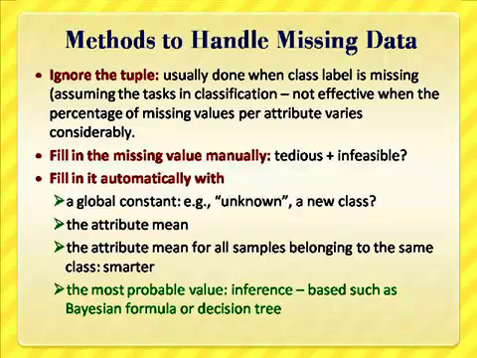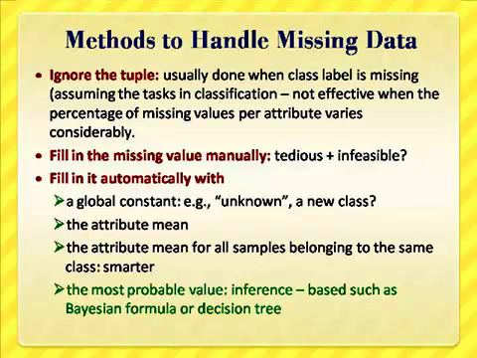Another method is replacing every missing value with the attribute mean. That means you take the average of all the values and replace the missing value with the attribute mean. For example, if the income of a customer is missing in a tuple of a transaction, and the average income of a customer is say 56,000, then use this value to replace the missing income for that customer.